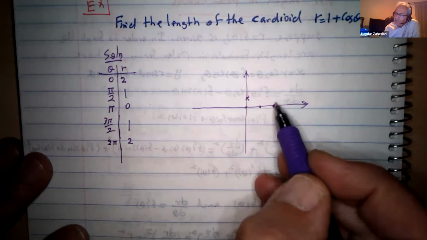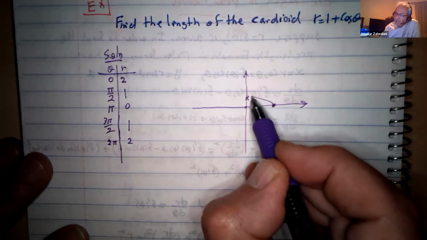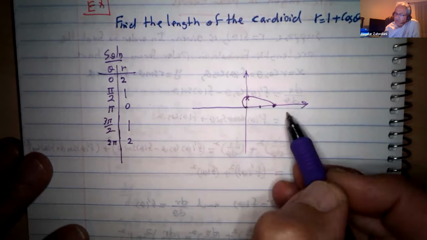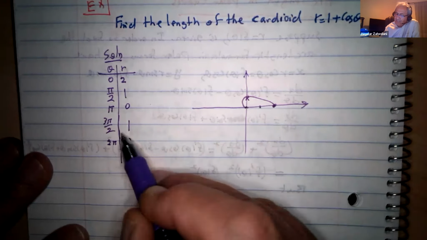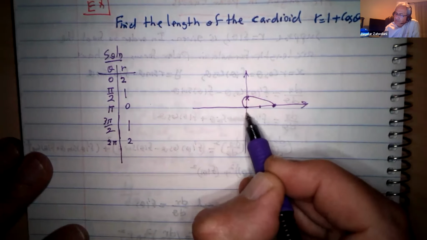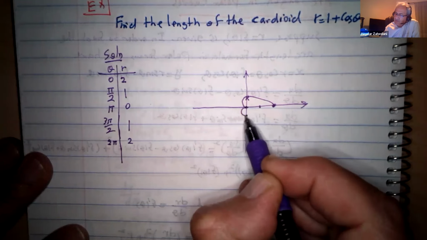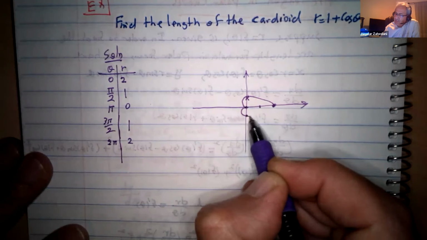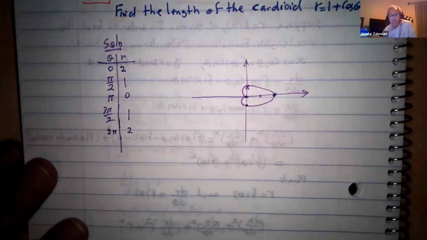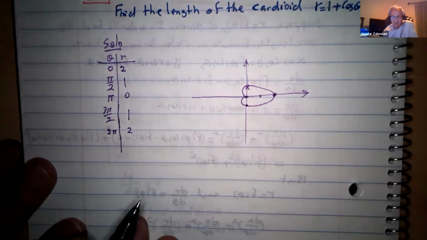So this means it's going to be the shape of the graph. Okay, and it's symmetric. You can get the bottom one right away. At 3 pi half, that gives you 1. And at 2 pi, you come back to the 2. See? Nicely, you can find it. So it's going to be directed to the right or to the left in this case.